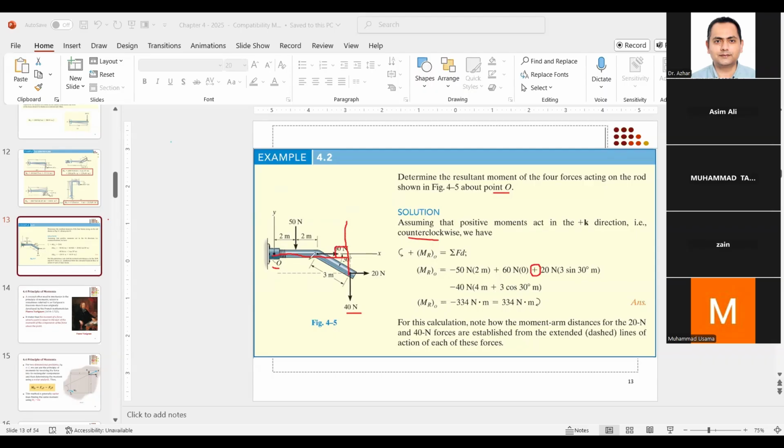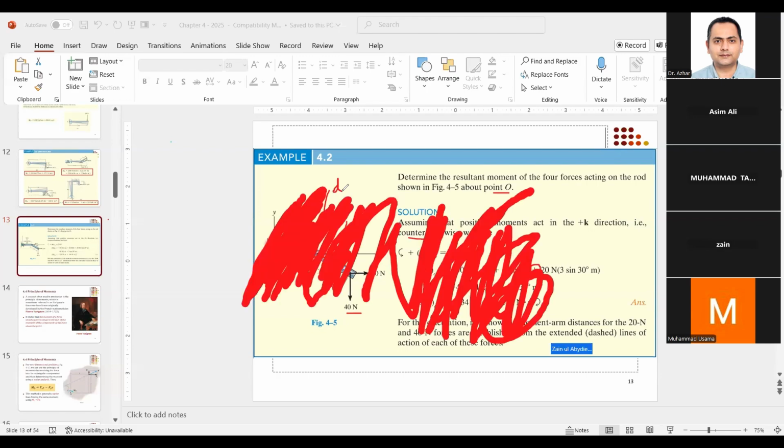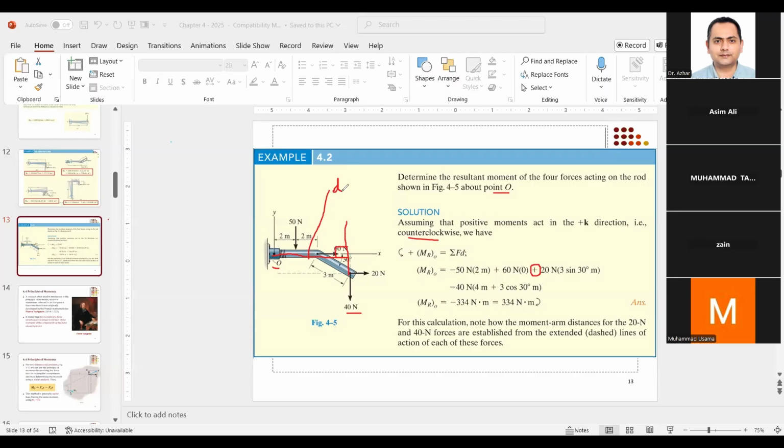So this is our D. We have to figure out how we can calculate this D. Again, we will have to use some existing distances and maybe a triangle.